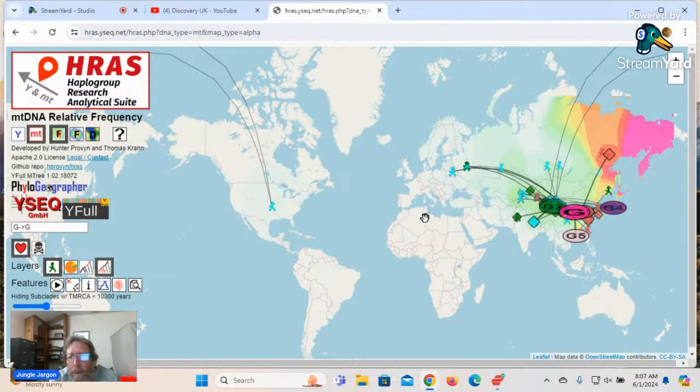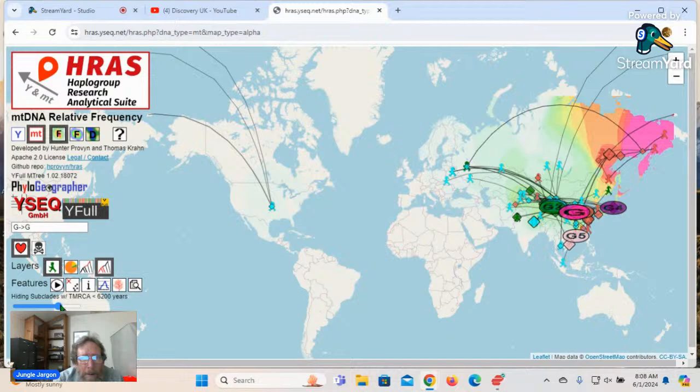So that's the G. And of course, it's in the same conspicuous spot in the center of North America, as we saw previously. We'll go ahead and go forward in time again and watch these haplogroups develop.